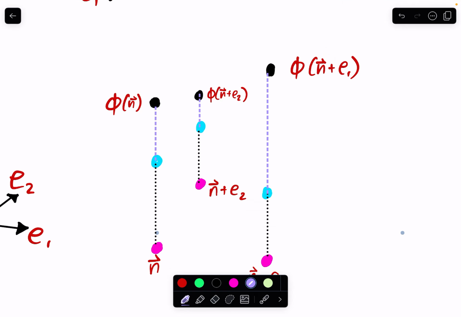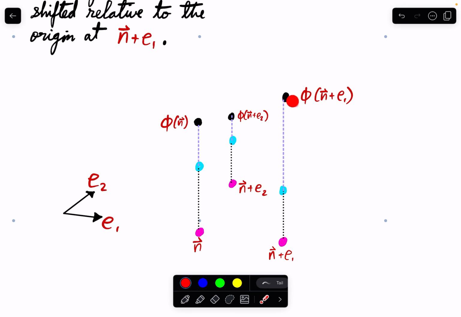So we have that the actual field values are from here to here in an abstract sense, but they are recorded as being from here to here.